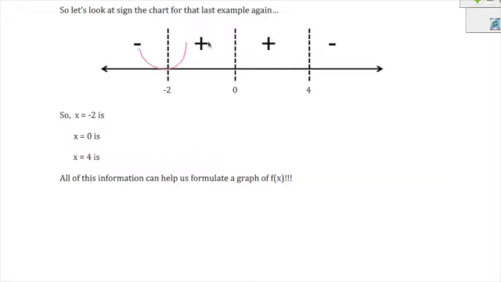We went from a negative slope to a positive slope, so -2 is a relative min. Okay. X equals 0, we go from increasing to more increasing. Interesting. All right. That's neither a max nor a min.